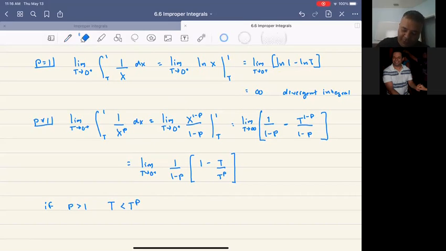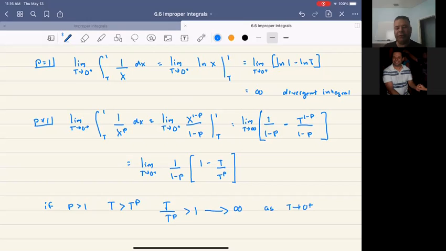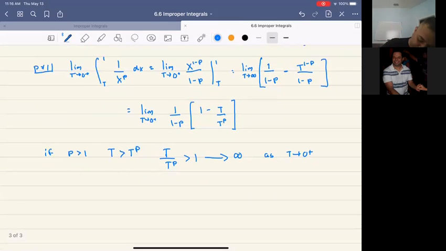Oh, other way around. Okay, because it's going to 0. If p is less than 1, okay, then we have the other way around.